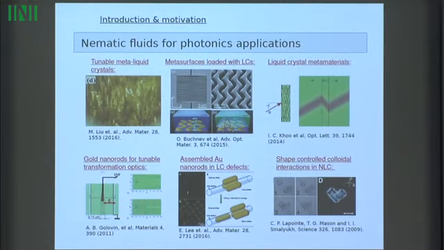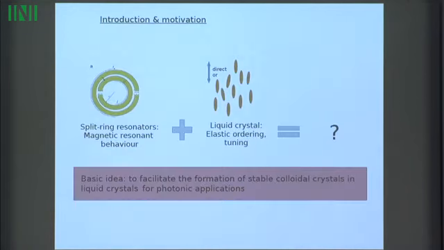This last picture here is just representative of a variety of papers, again, being done on the assembly of particles in liquid crystals, so all sorts of interactions going on between differently shaped particles. Okay. So the first part of my talk, at least, will focus on this split ring resonator shape, a bit more abstract than this, perhaps, being put into liquid crystals, and then let's see what happens.